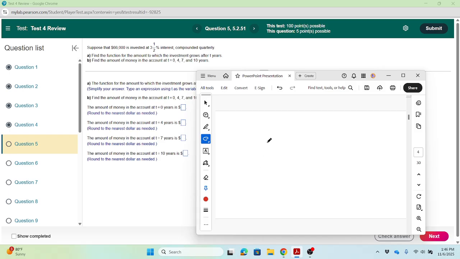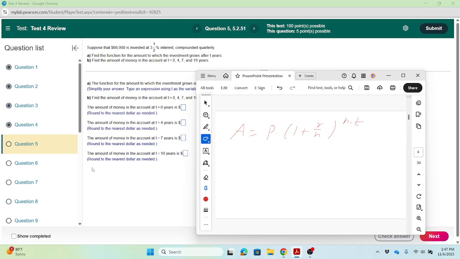A problem like this can be done by using the compounded n times a year formula, which I'm going to give you here. A equals P times (1 plus r over n) to the power n times t. This A is the future value you are going to get if you invest P amount with the interest rate r, compounded n times a year for t many years.